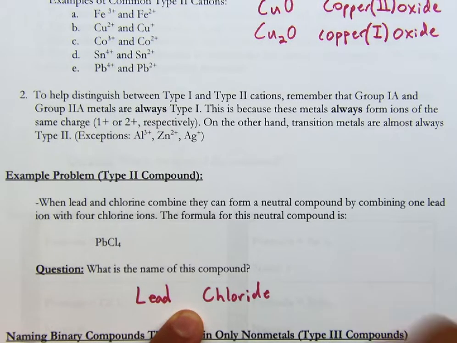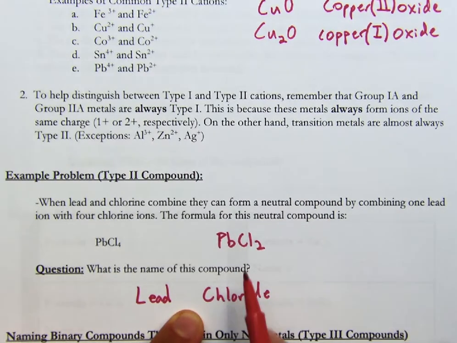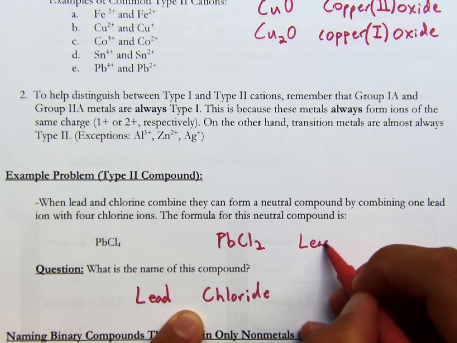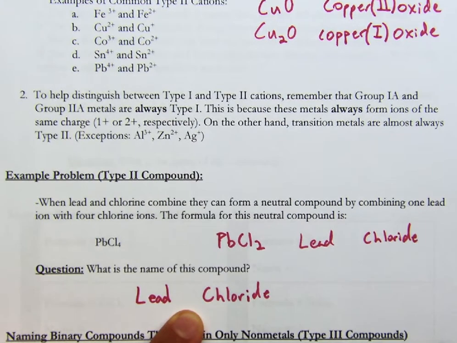Okay, because what if you had PbCl2? That also exists, right? That would also be lead chloride. So how do you specify the difference between them? Well, chlorine has a charge of -1.